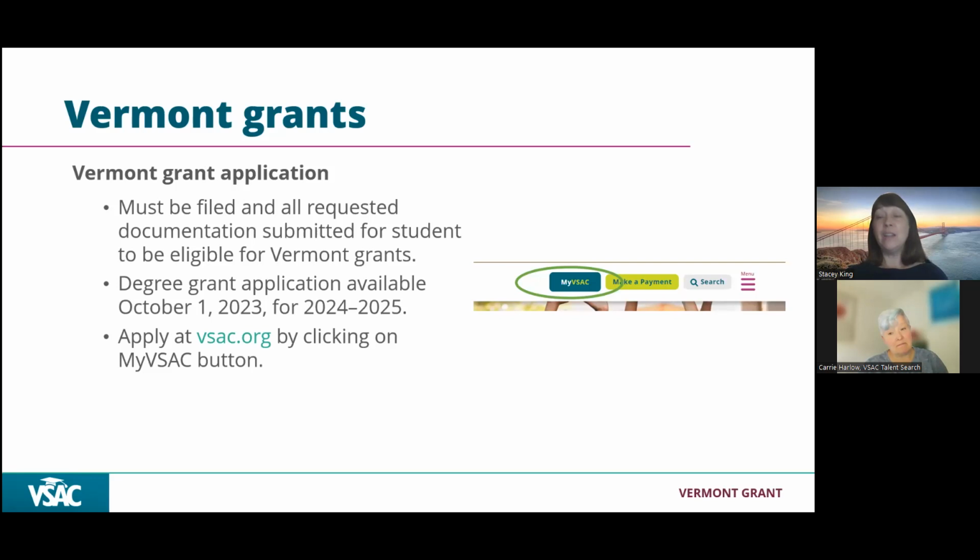We have not seen it run out in a very long time, but it is theoretically possible. So we do encourage people to complete the degree grant application sometime in the fall and winter. But if you're later than that, when you remember it, we still want you to apply for it. So again, vsac.org, and then at the top sort of center of the screen, there's a My VSAC button.